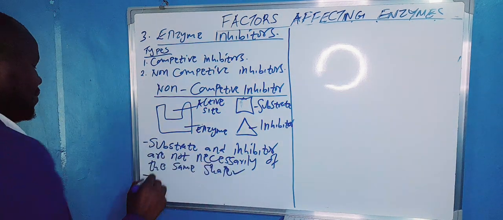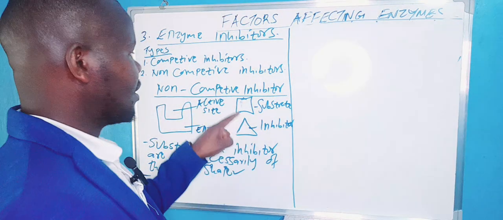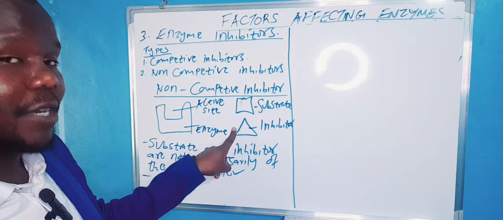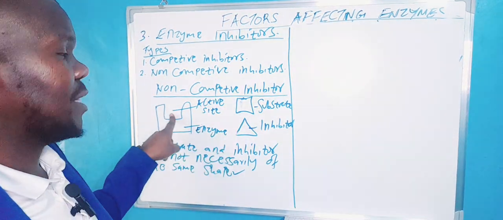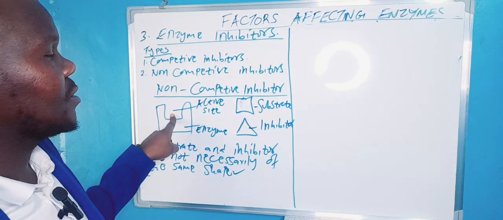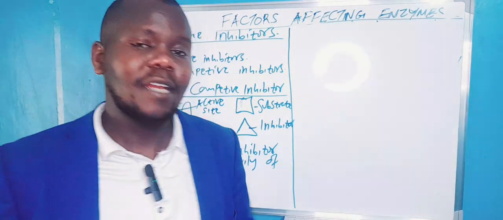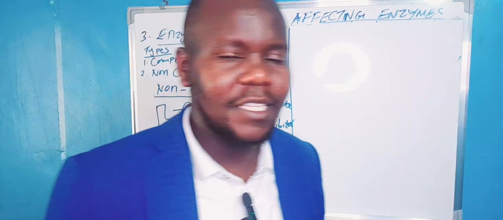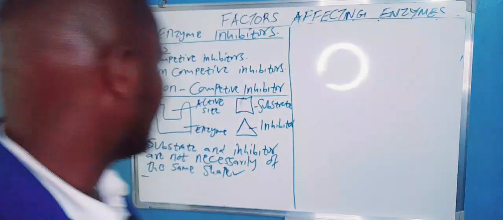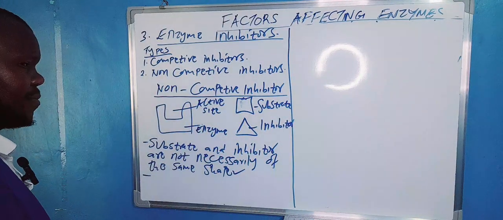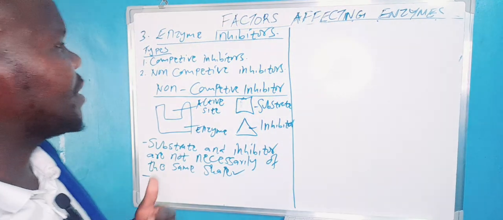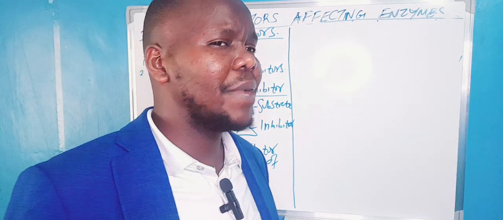We are saying the inhibitor, you can check this one is a square and this one is a what? Triangle. And you can see this one is a what? Square. So we are saying the inhibitor, substrate, and even that active site, they are not necessarily of the same shape. Then when it comes to this one, we are speaking still about competition, but that one was competitive inhibitor.